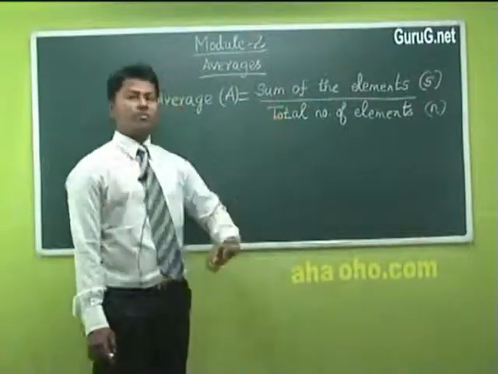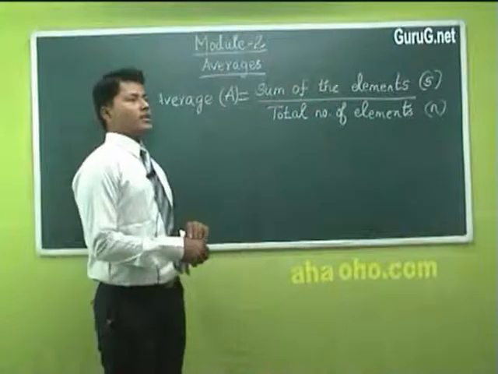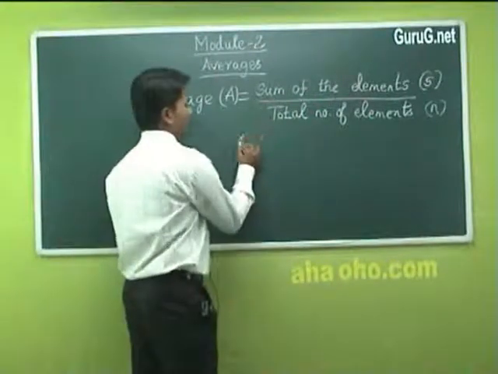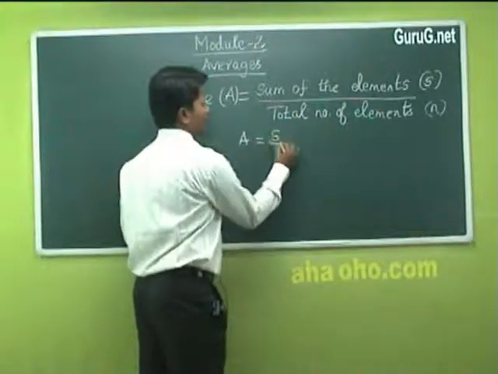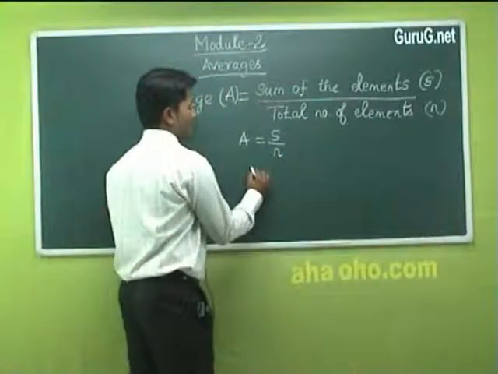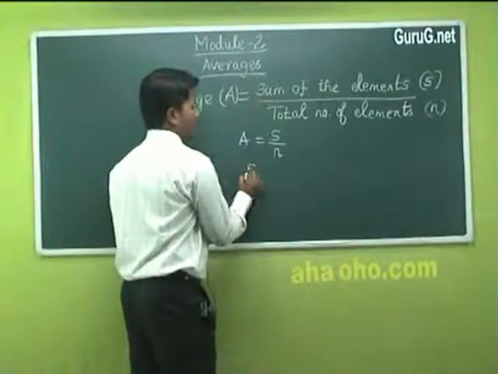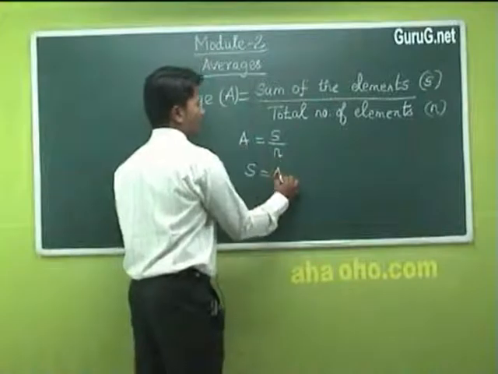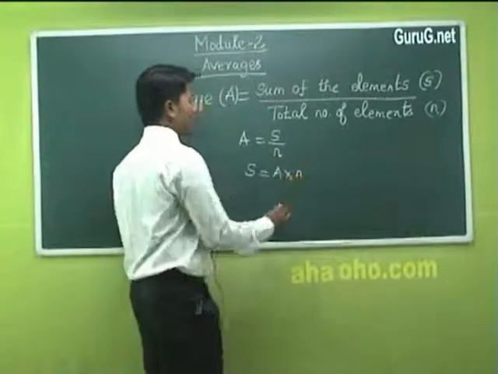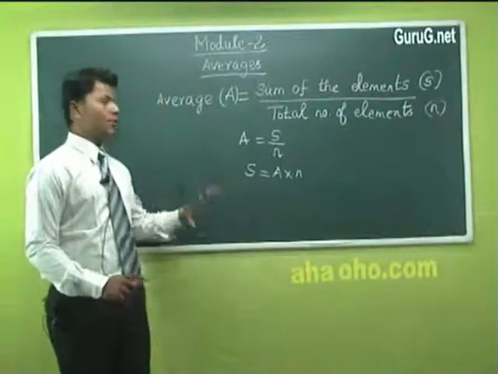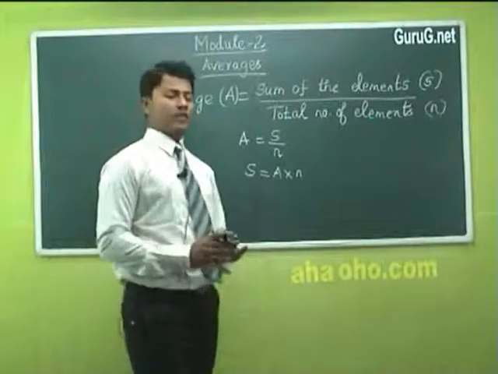A is equal to S by N. A very important analysis is that, since A is equal to S by N, you can find the sum S from this formula. It is average into N.